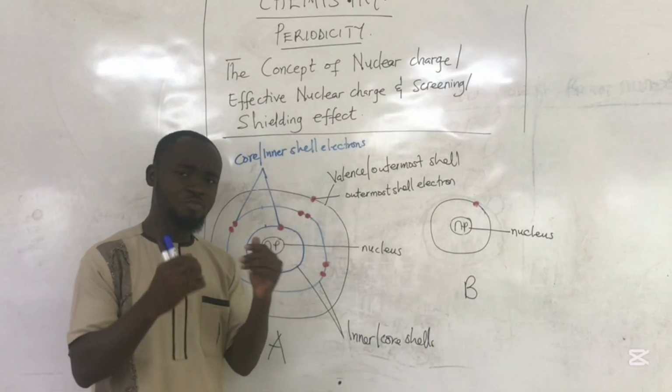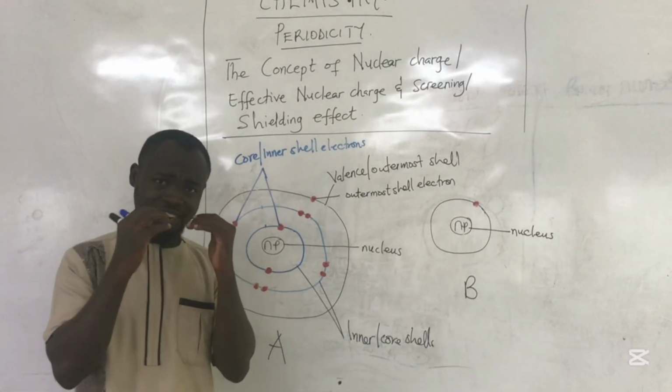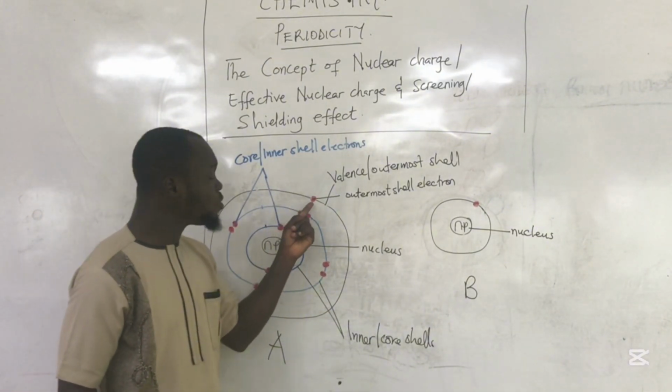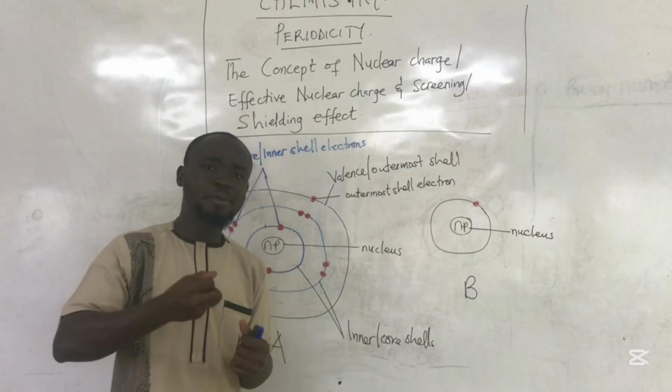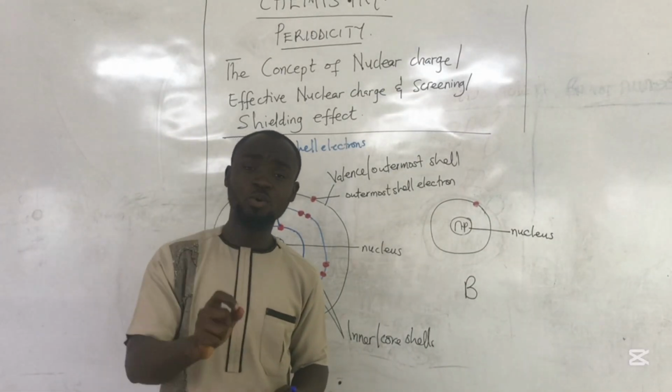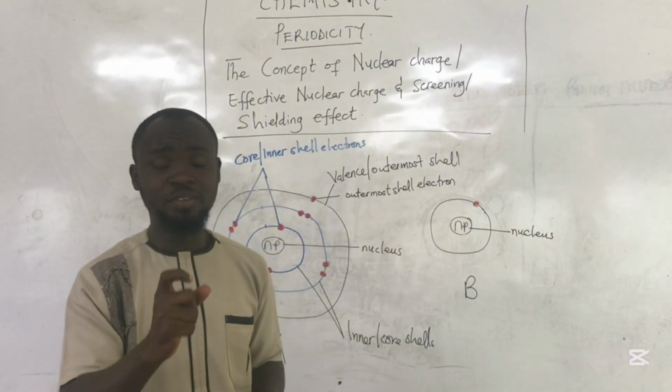But regardless of the blockage and reduction in attraction that is caused by the inner shells, the outermost electron will still feel some attraction coming from the proton, and that is what we call the effective nuclear charge.